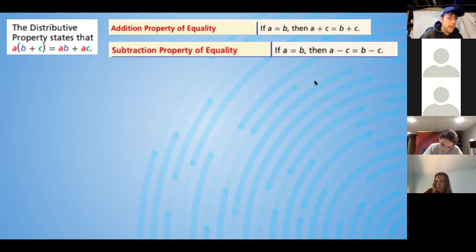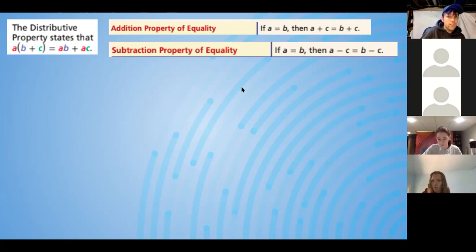In that same vein, we have something called the subtraction property of equality. If a is equal to b, then we're allowed to subtract the same thing on both sides of that equation. A minus c will also be equal to b minus c. If that initial statement was true, then the conclusion here would have to be true. Basically, we're allowed to subtract the same quantity on both sides of an equation.